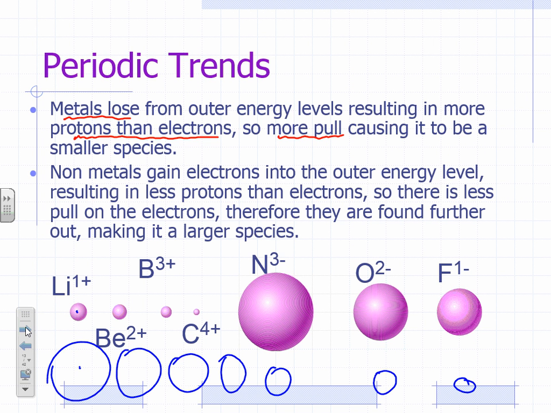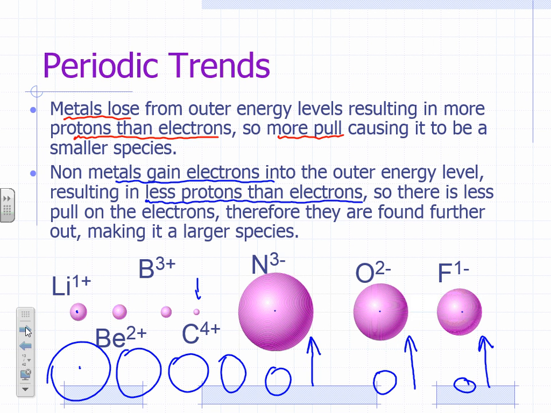Now, when we compare the nonmetals, with the exception of carbon here, so nitrogen, oxygen, fluorine, we can see that the ions have increased as we move from atom to ion. Now, the nonmetals, they gain electrons. In gaining electrons, there is now less protons per electron, so there's less proportional attraction per electron.